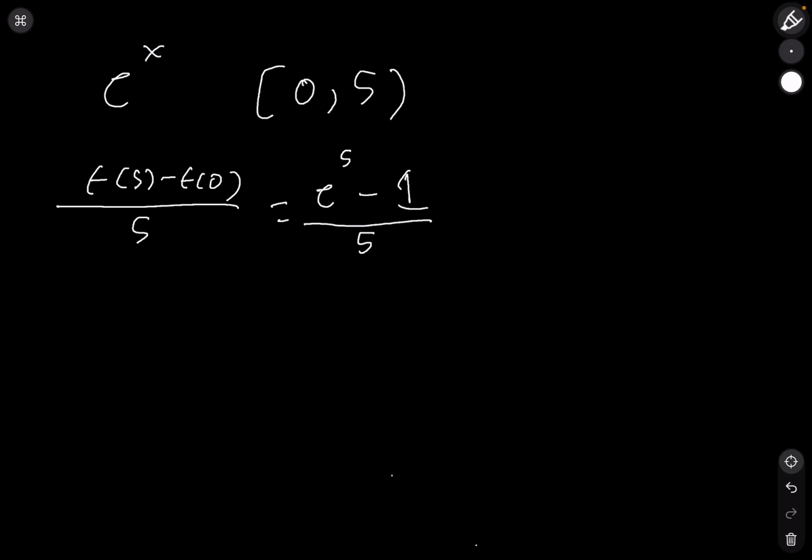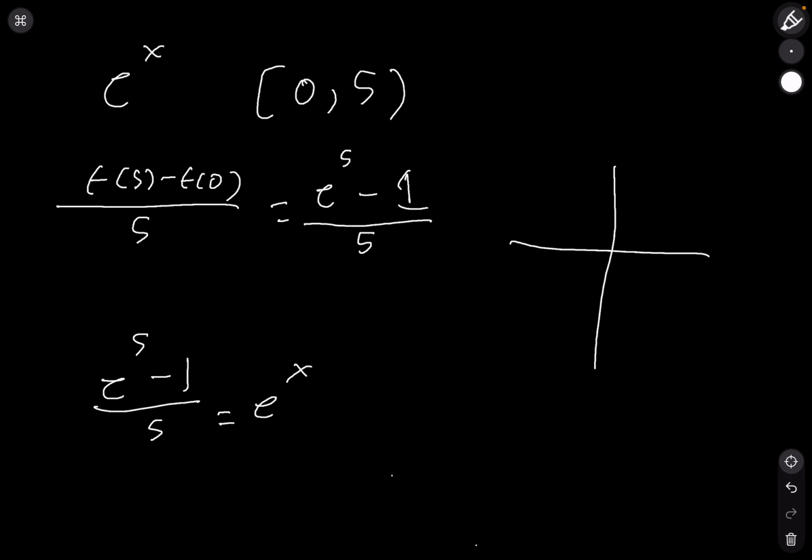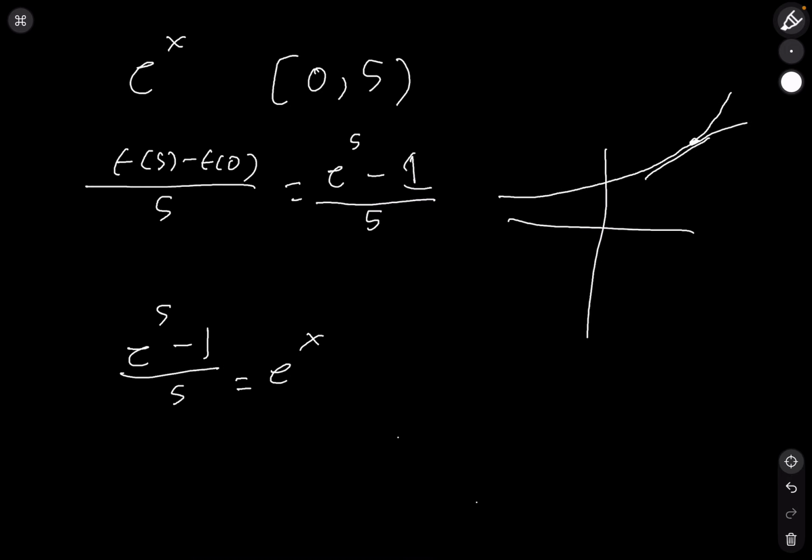So from here, we just set it up equal to the derivative of e to the x. If you're already ahead, you would know that the derivative of e to the x is just e to the x. Because essentially the graph is so weird that the derivative is just the same thing. So that's kind of one of the special functions. From here, you solve like normal.